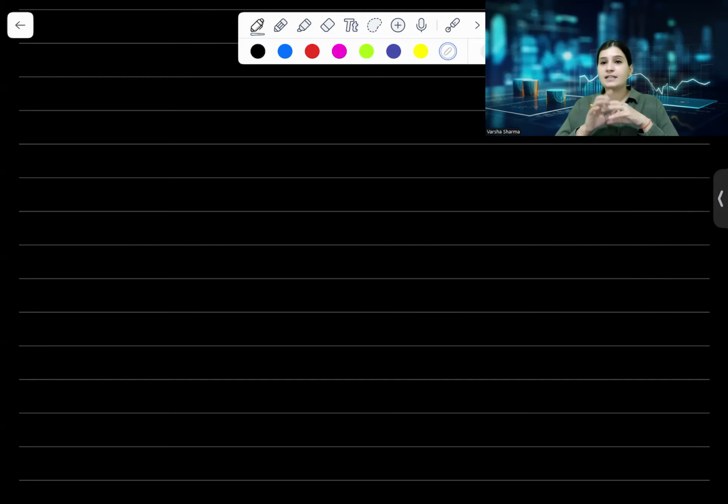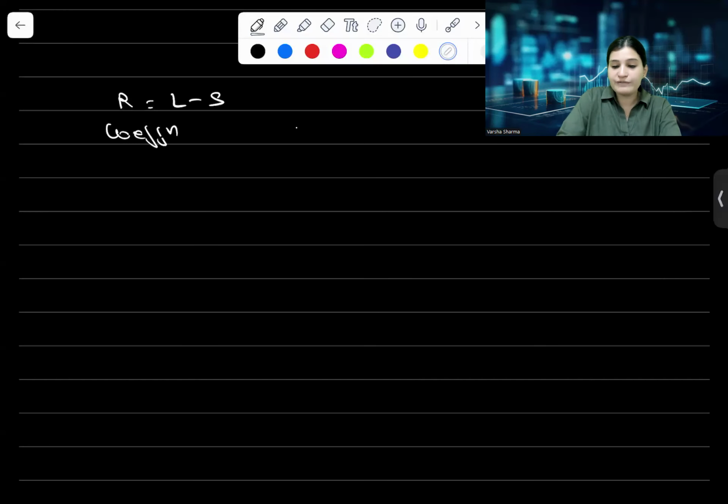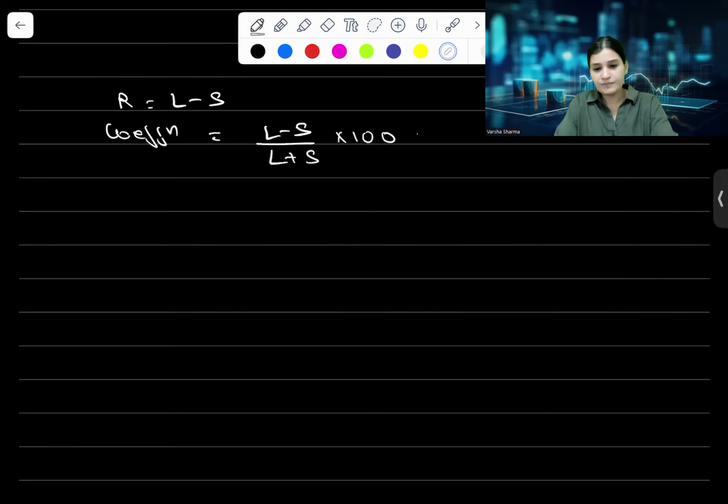So our range was largest minus smallest. If I have to find out coefficient of range, that was L minus S by L plus S into 100.